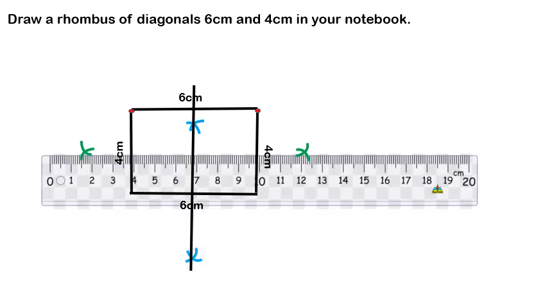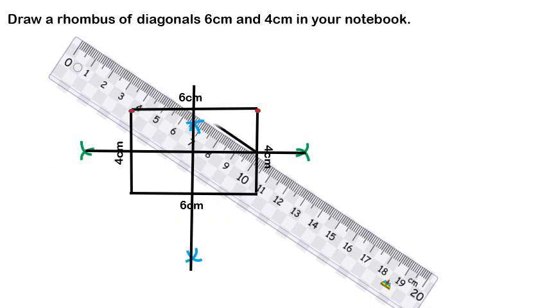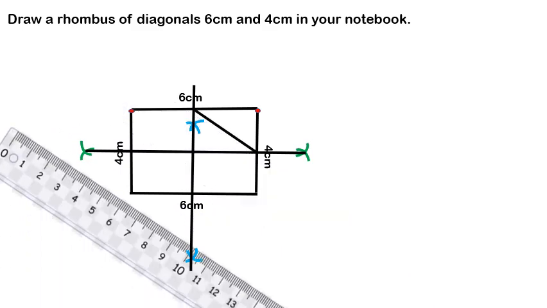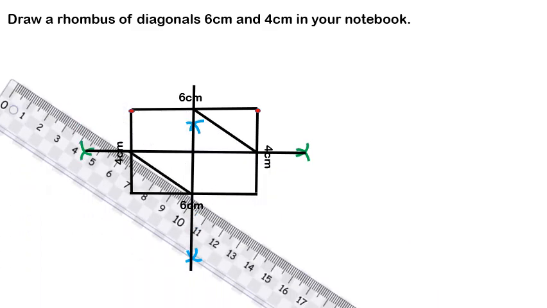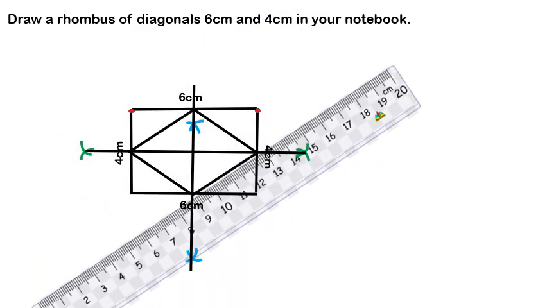Then join these intersecting points. Then we get the midpoint of the breadth side. By joining the midpoints of these sides, we get a rhombus of diagonal 6 cm and 4 cm.